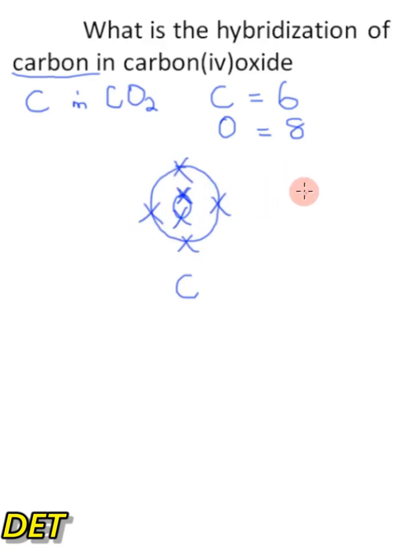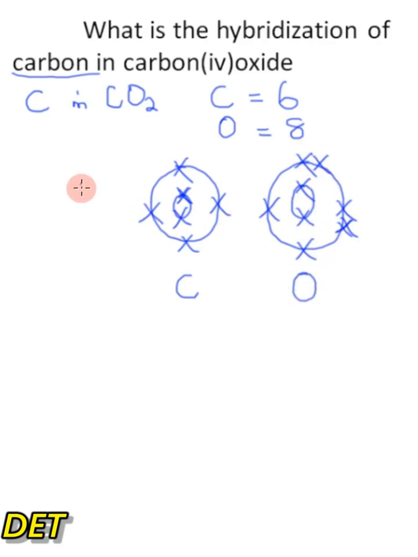And then we'll draw oxygen. This is oxygen. We'll have 2 electrons here. So 1, 2, 3, 4, 5, 6, 7, 8, right? So this is the oxygen atom having 8 electrons, and this is the carbon atom.